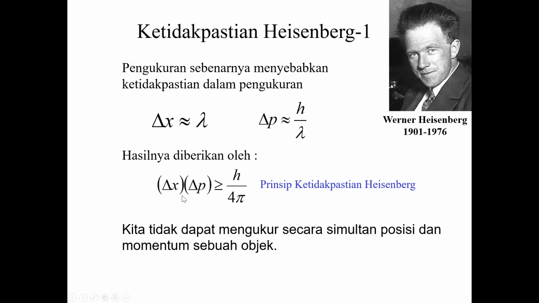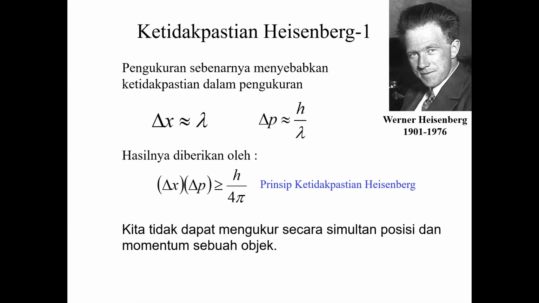Basically, the microscopic physical picture is constrained by this uncertainty principle of Heisenberg. It means that we cannot simultaneously have the position of the particle and also its momentum. You have to choose whether you want the exact position or the exact momentum.